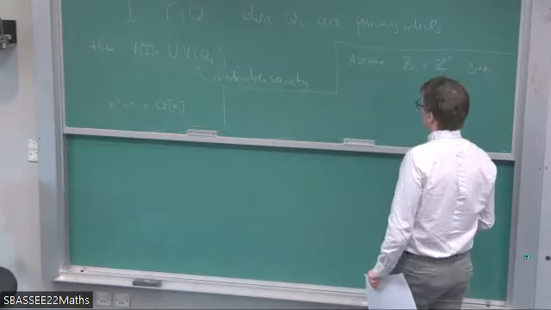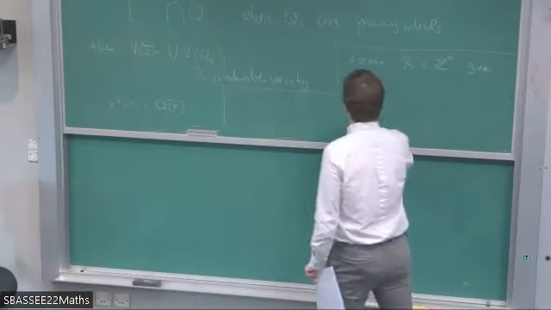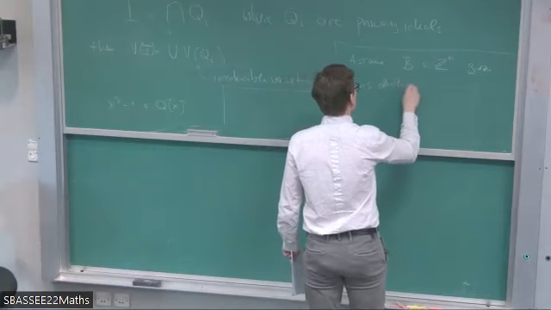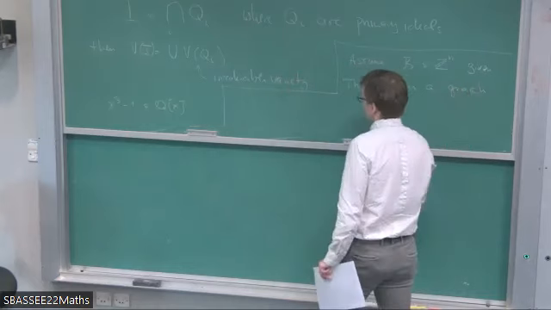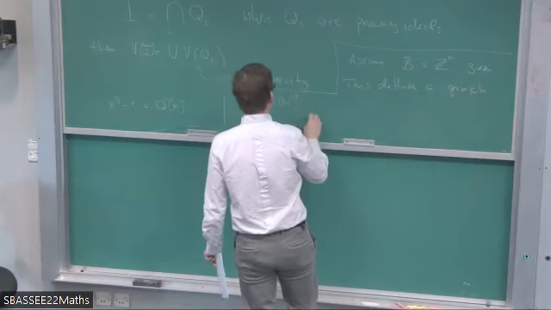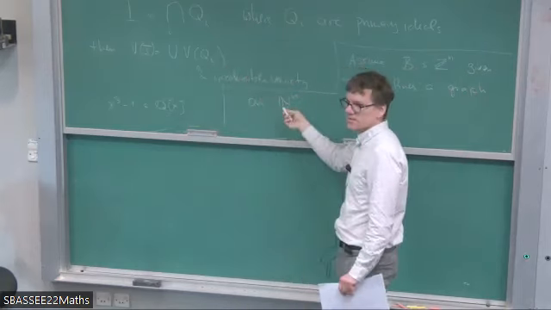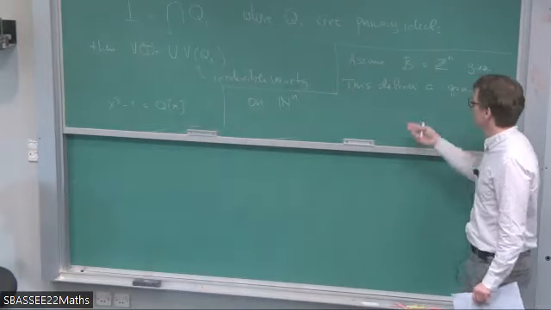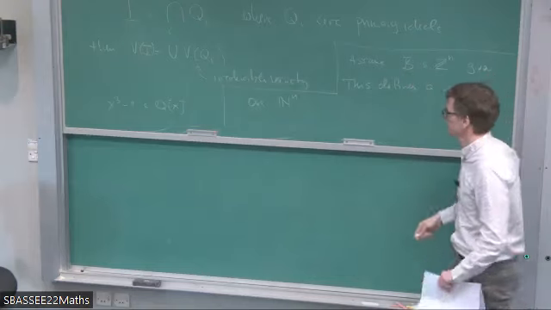So very much in the spirit of yesterday, this defines a graph on N to the n. So this on N to the n means that the vertex set is this commutative monoid, and the edges are going to be the elements of B, and I place them wherever they fit.